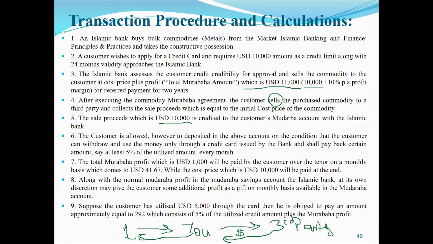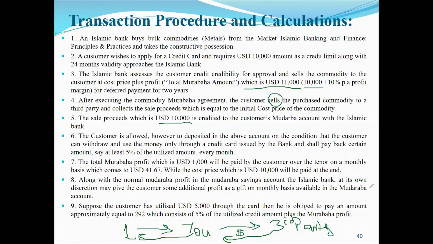So in the eighth step, along with the normal mudaraba profit in a mudaraba savings account, the Islamic bank at its own discretion may give the customer some additional profit as a gift on a monthly basis. This means the customer has the right to use this $10,000 by transferring it to the mudaraba account, with the purpose of earning some money.